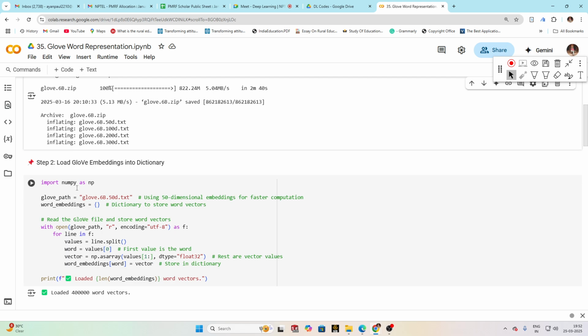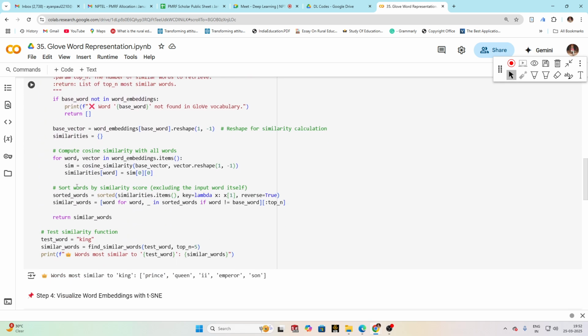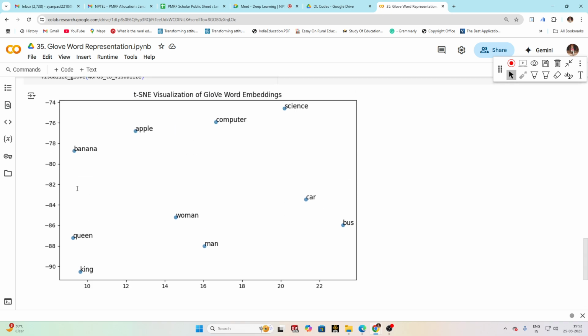Then we can see things in the visualization. King and queen, these two words are similar to each other, so they appear close. Banana and apple are very close to each other. Computer science, these two are somewhat close. Car and bus are close.